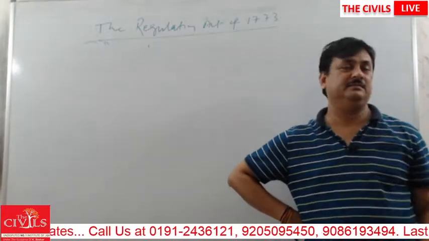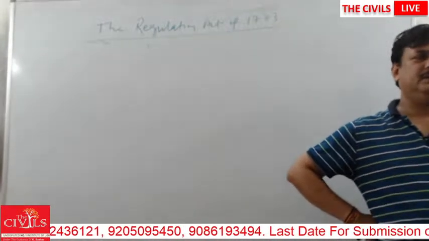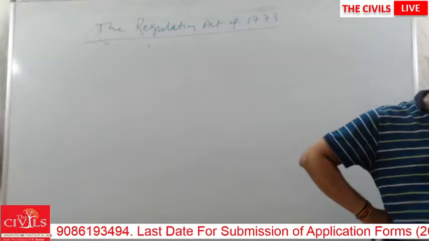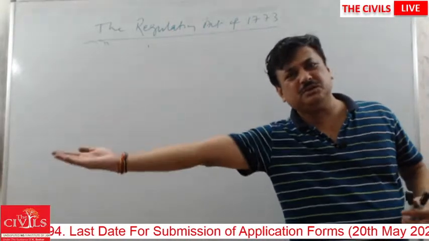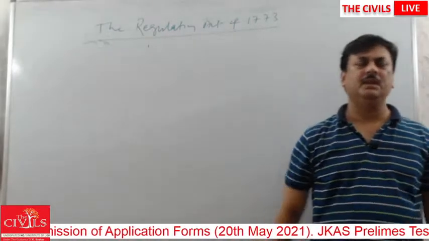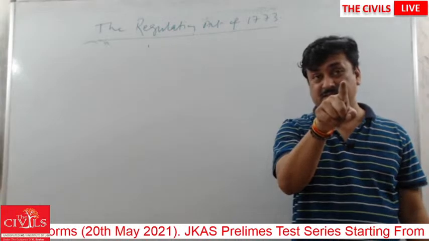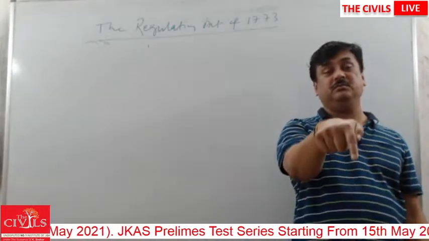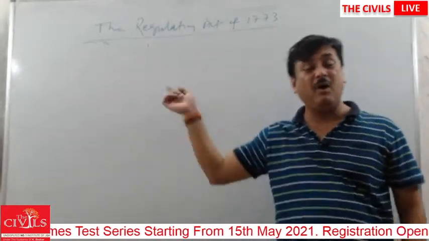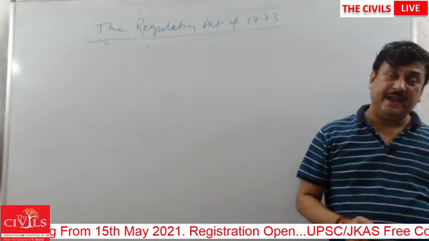And this was the reason. On one hand, the company was giving dividends to their shareholders, and on the other hand, the company was approaching the government for a loan. This was the main reason. A 12.5% dividend was given to the shareholders in 1772, but the company was not paying the amount mentioned in the Charter of 1600.